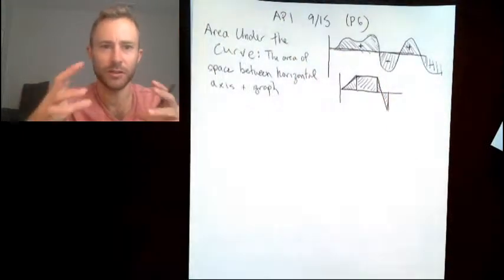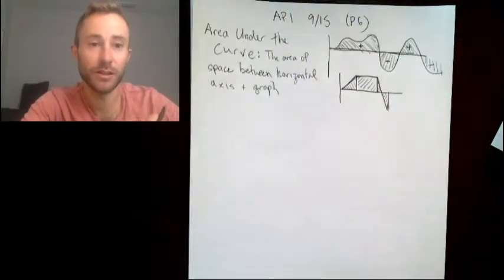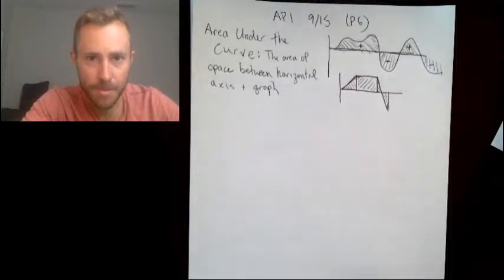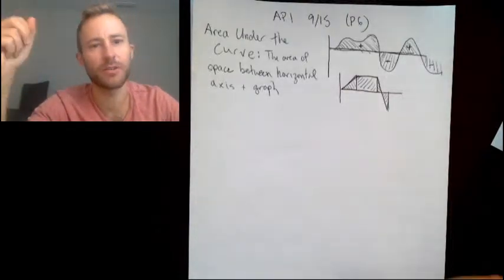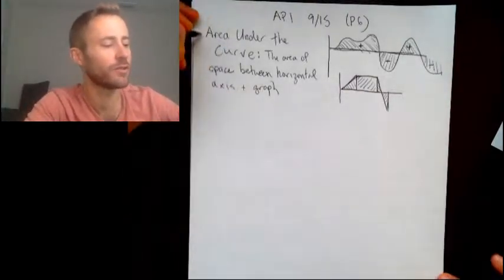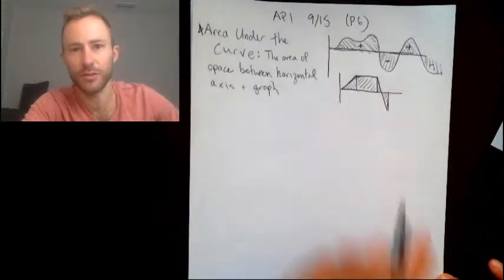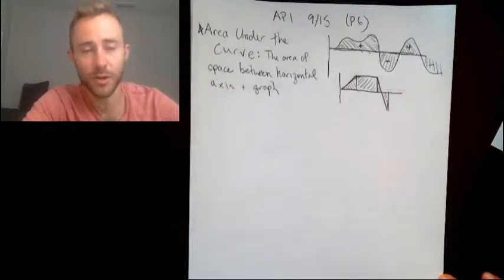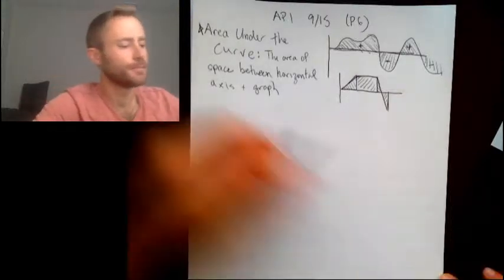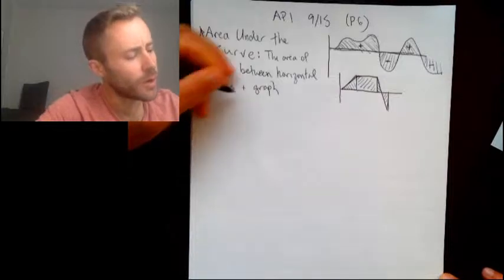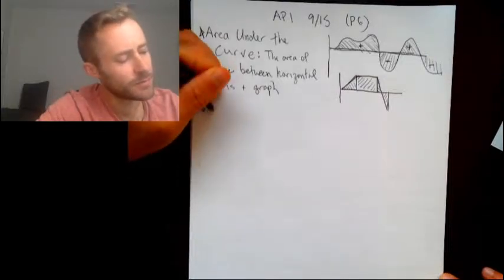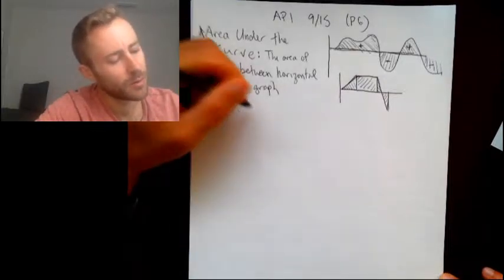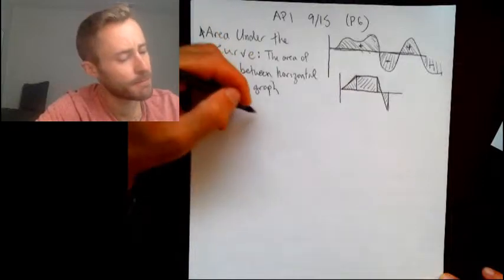So we can think about it as a sum of the areas of simple shapes, okay? So there's no knowledge of calculus really required. You just need to know what is the area under the curve, and this is how you visualize it, okay?